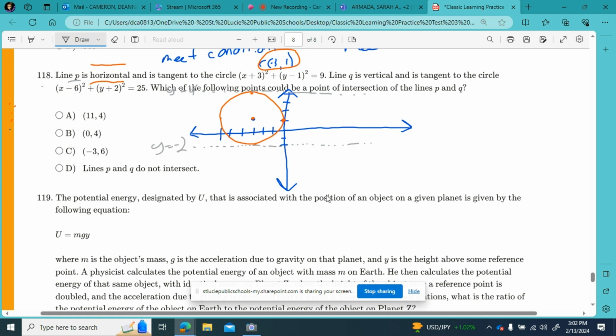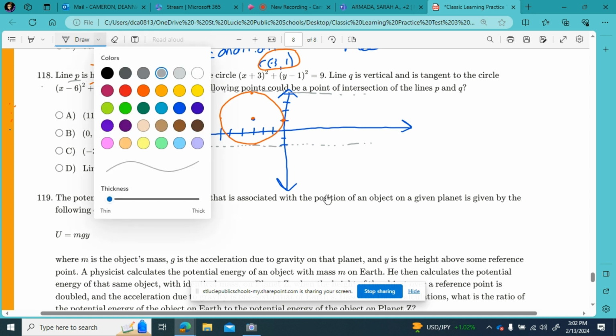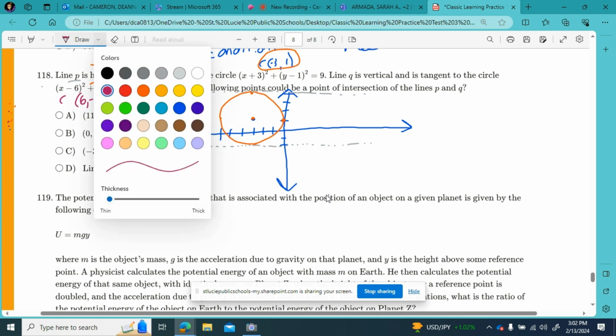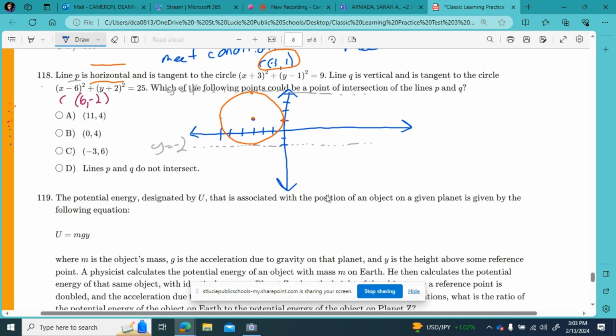Okay, and now my next circle. I'm going to make it purple. Purple circle. Over here, our coordinates for our center are +6 and -2. 1, 2, 3, 4, 5, 6, down 2. There's the center of our circle.